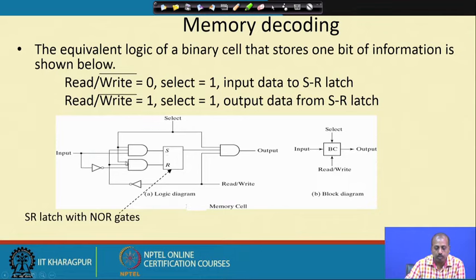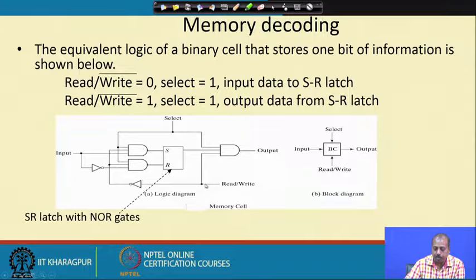If you look into this diagram, when read write bar is equal to 0, this AND gate has select equal to 1, read write bar equal to 1, and whatever the input value is will come here.